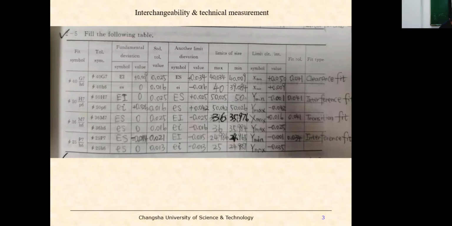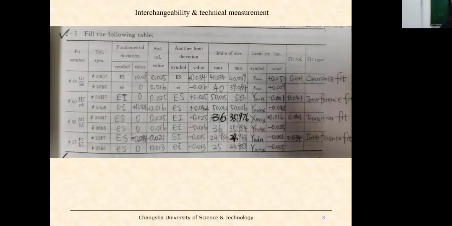Find the G. And G, this is the EI, because from the deviation line, it's a line close to the zero line.